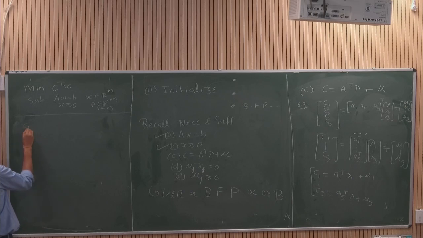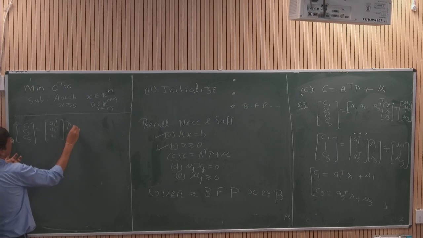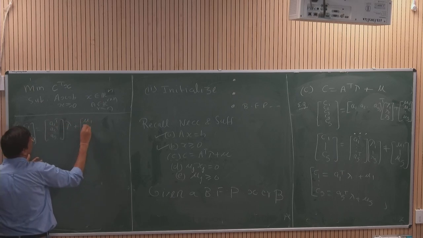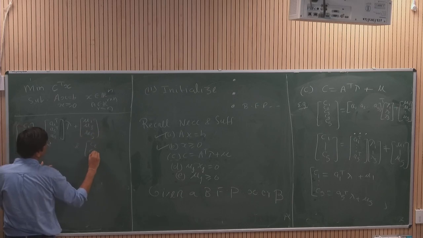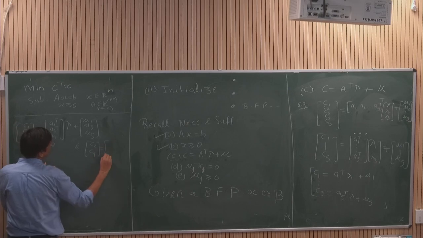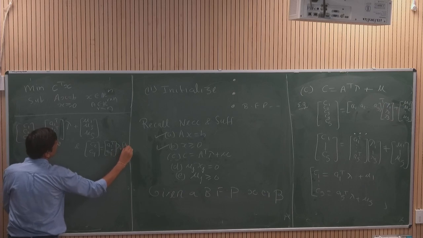So I will write C1, C3, C5 is equal to A1 transpose lambda, A3 transpose lambda, A5 transpose lambda, or I can pull the lambda out, plus mu1, mu3, mu5. And similarly you can write C2, C4 is equal to A2, A4 transpose lambda plus mu2, mu4.